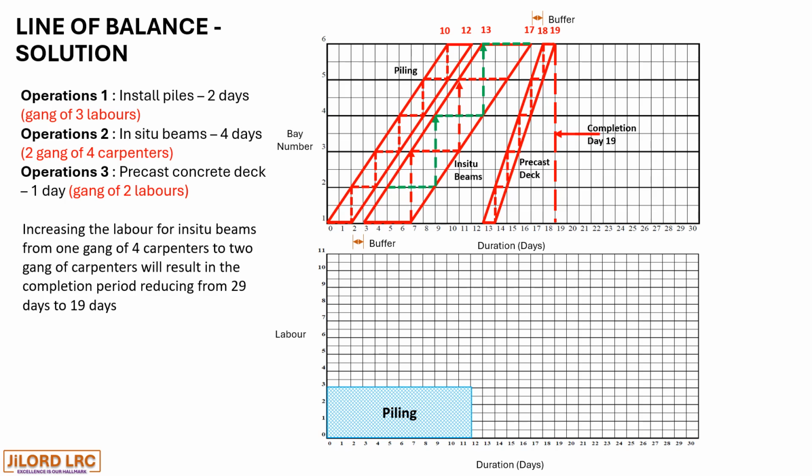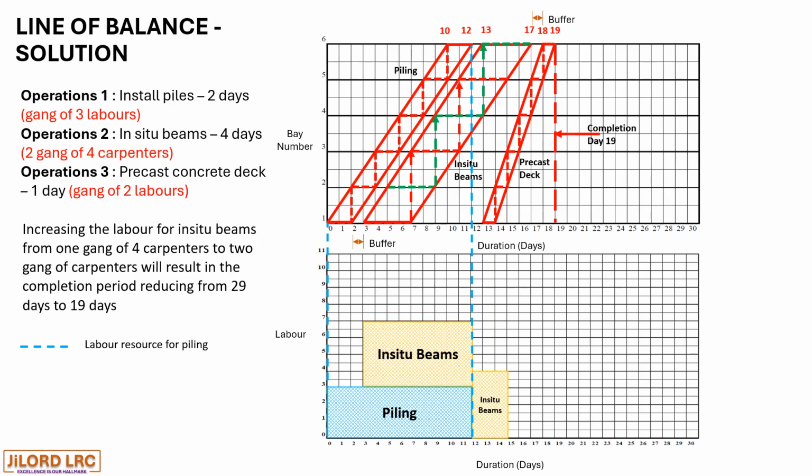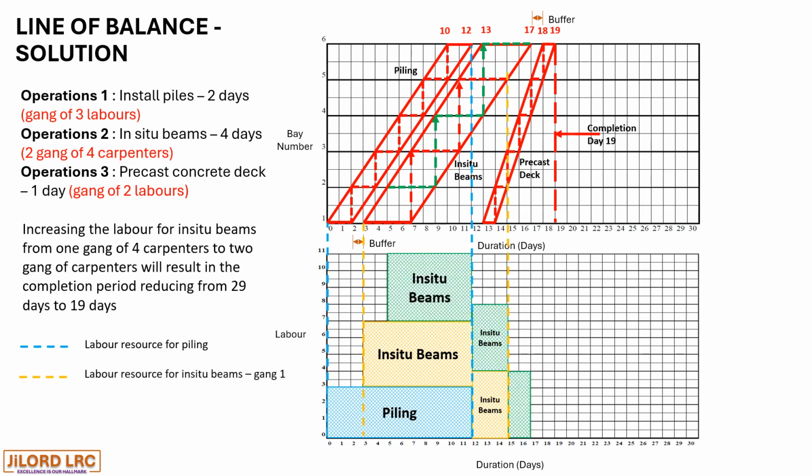And then we have the first gang of carpenters working from day 3 to day 15. And the second gang of carpenters, of 4 laborers, working from day 5 to day 17, and that is in the green hatchings.